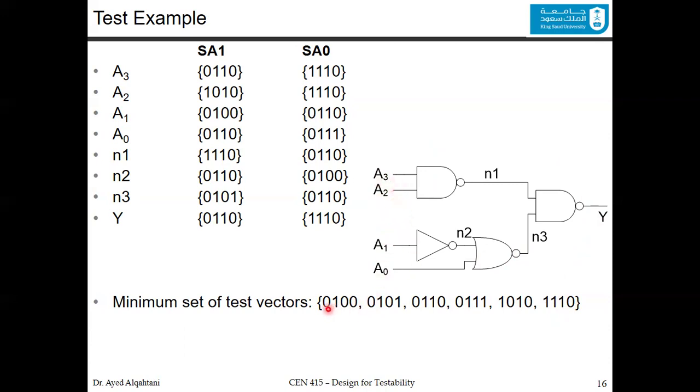Using this method, we need only 6 of them. So now, since we know how to generate the test vectors, and by the way, there are tools that can help you, because there's a lot of work that you have to do only for this simple gate. What if you have a bigger gate? So there are tools that can do this for you.